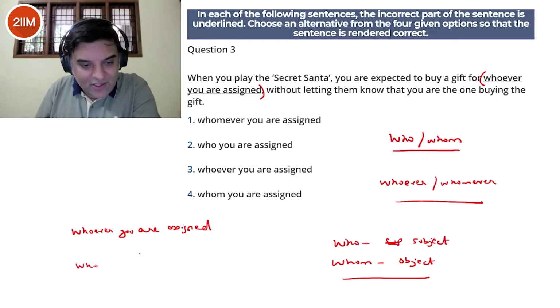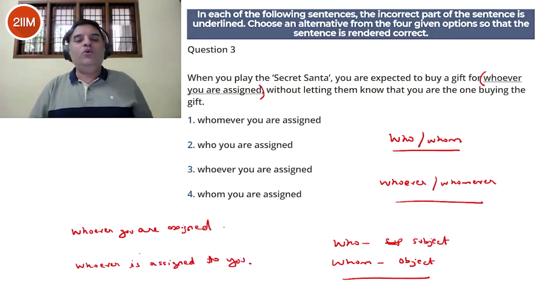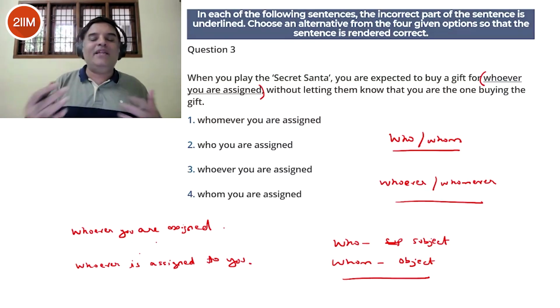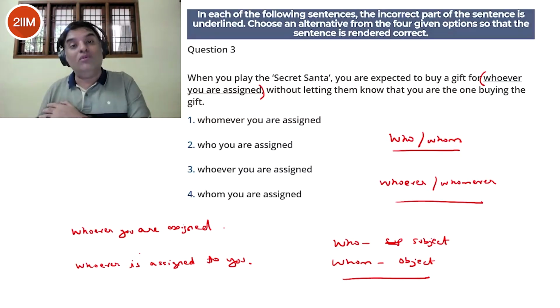My writing is not good, but whoever is assigned to you. You can write this sentence, and I'm rephrasing this just for simplicity, but it means exactly the same thing. You can say whoever you are assigned or whoever is assigned to you.